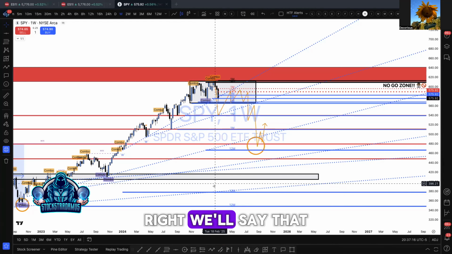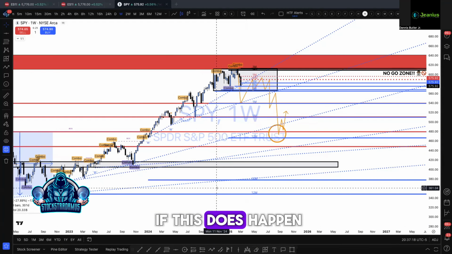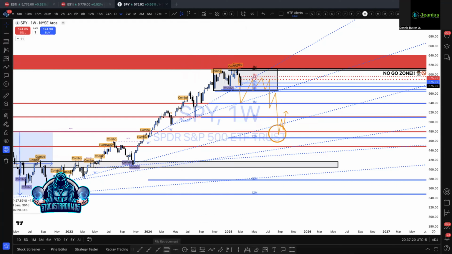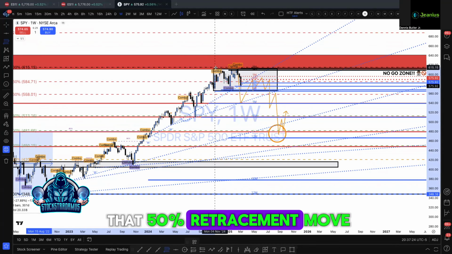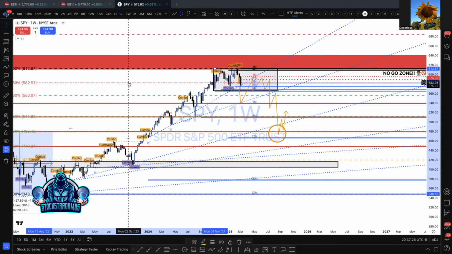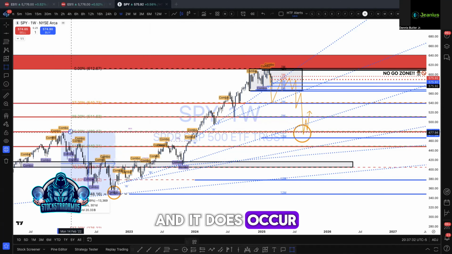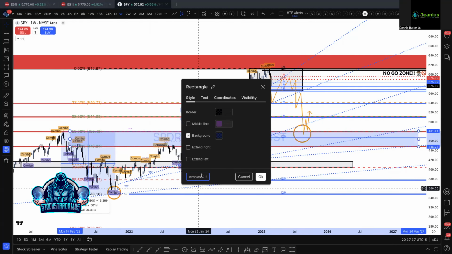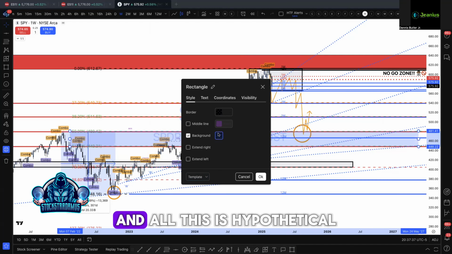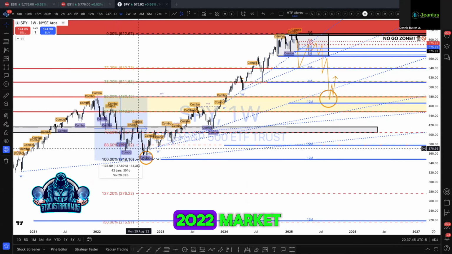All right. We'll say that if this does happen, and we do get that 50% retracement move, and it does occur at the perfect golden zone area, and all this is hypothetical, by the way, this would be the same occurrence as this 2022 market retracement.